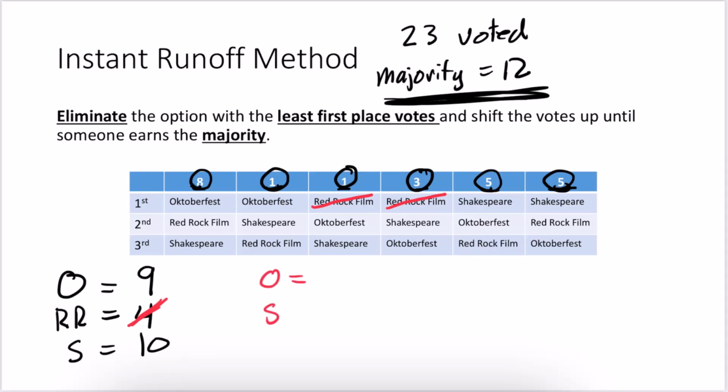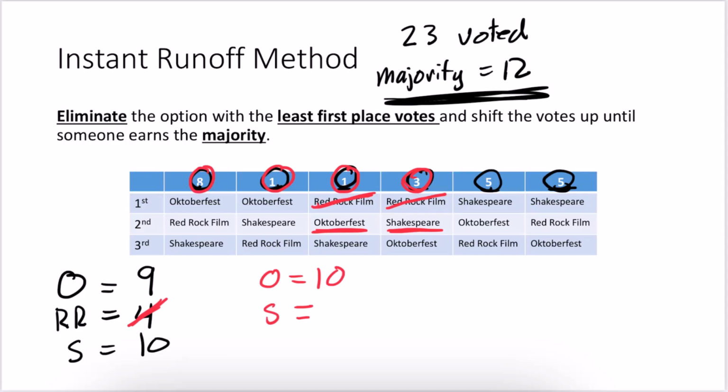And so for Oktoberfest, I now have 8 plus 1 plus 1 because this is now the first place vote because Red Rock Film was eliminated. And so the number of votes for Oktoberfest would be a total of 10. And then for Shakespeare, these 3 people who voted for Red Rock Film and then Shakespeare are now being counted as Shakespeare being their first place vote because Red Rock Film was eliminated.